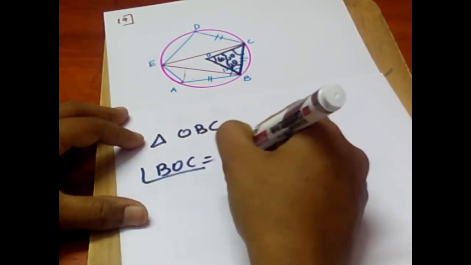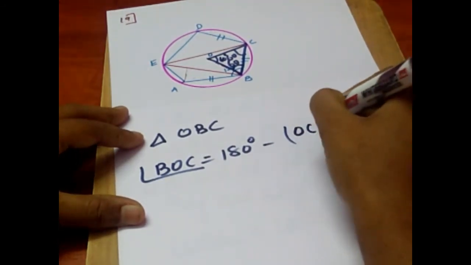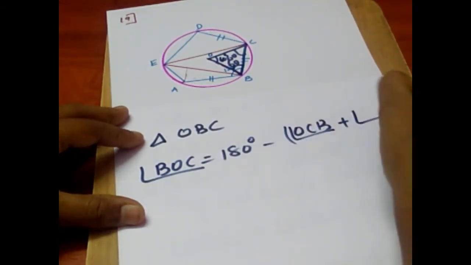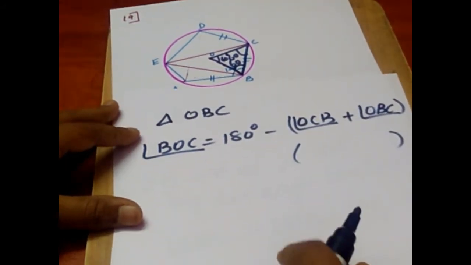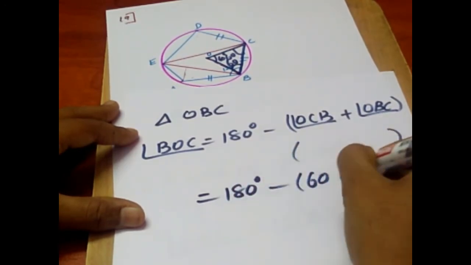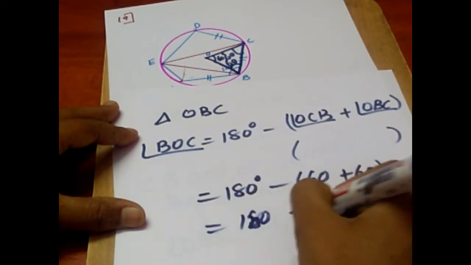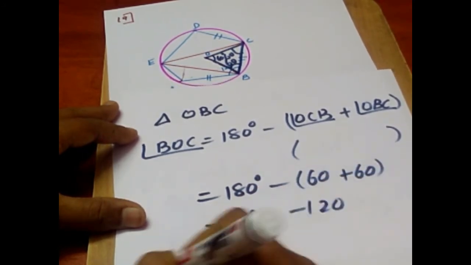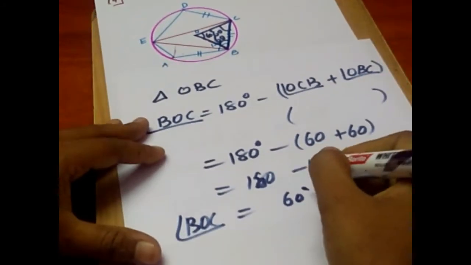Angle BOC is equal to 180 minus the sum of angle OCB and angle OBC. Reason, angle sum property. Hence it is 180 minus (60 plus 60), 180 minus 120, angle BOC is equal to 60 degrees.